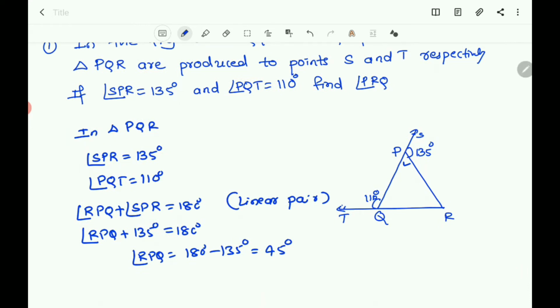Next, in the same way you will get angle PQR plus angle PQT is equal to 180 degree. Same reason, that is linear pair.